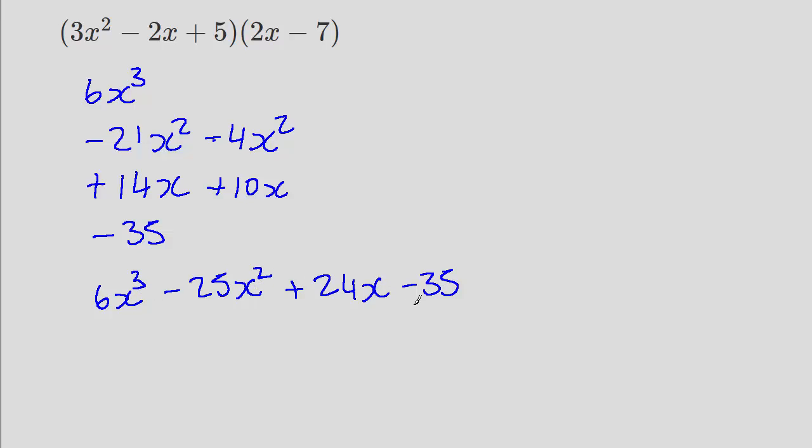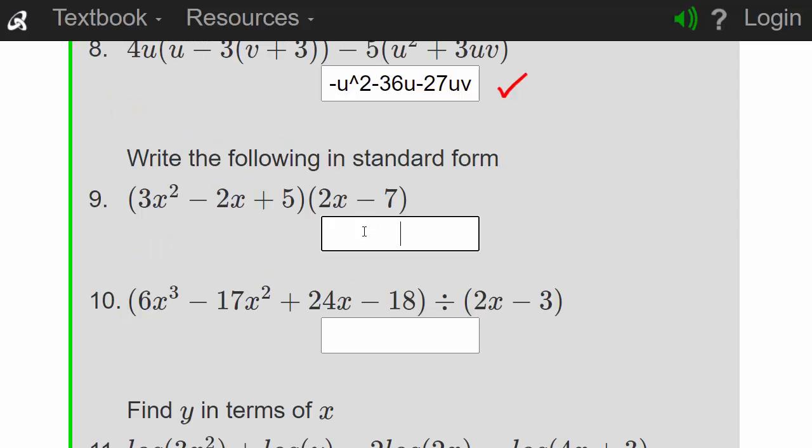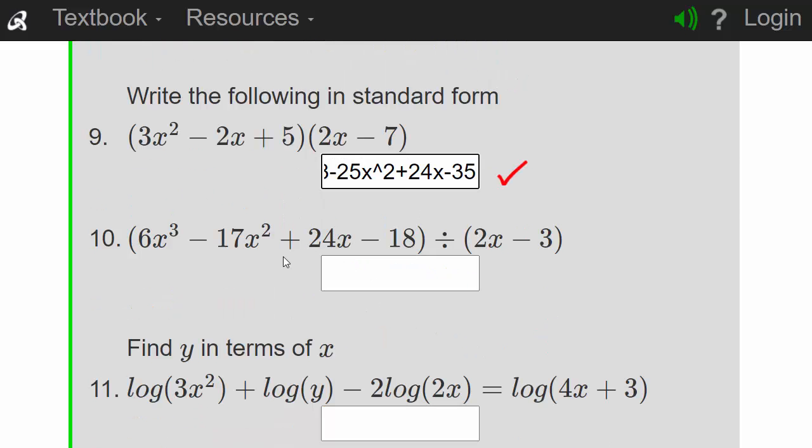And you see it's x cubed, x squared, x, and then x to the 0. So I'm in descending powers of x. So we've got 6x cubed minus 25x squared plus 24x minus 35. And are we right? Yes, we are.